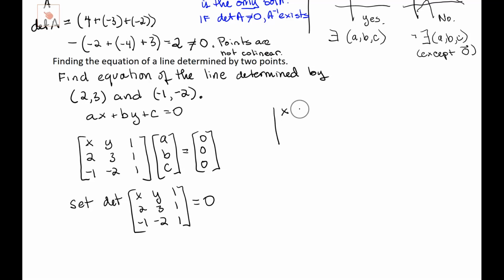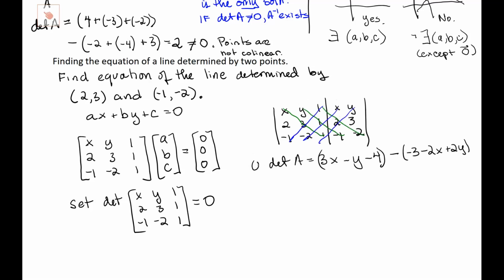So to compute that determinant, I can copy the first 2 columns over here again, and then I know I'm going to go forwards and then backwards and get my expression. So simplifying the right-hand side, and then solving for y in terms of x is going to give me 5/3 x minus 1/3. And that is the answer I was looking for.